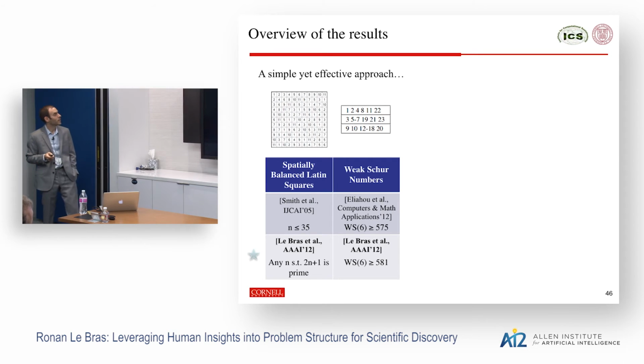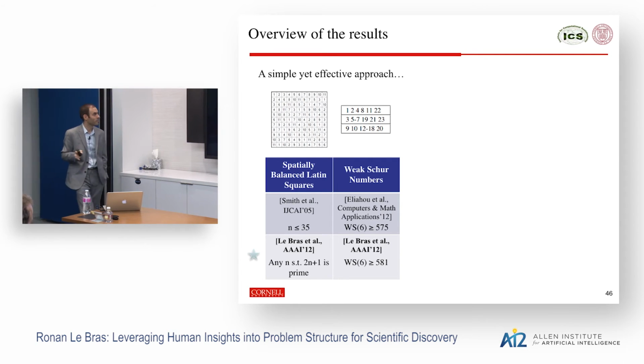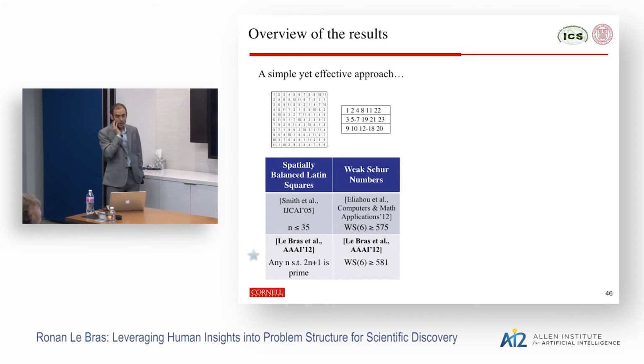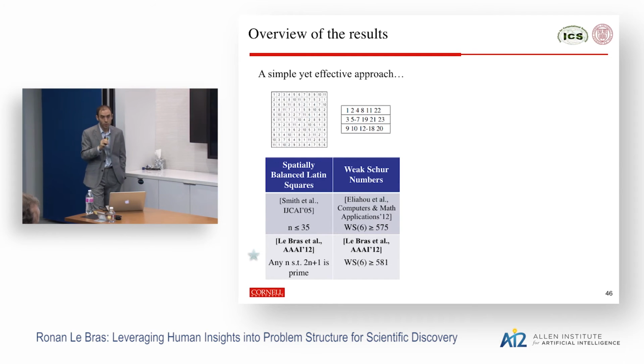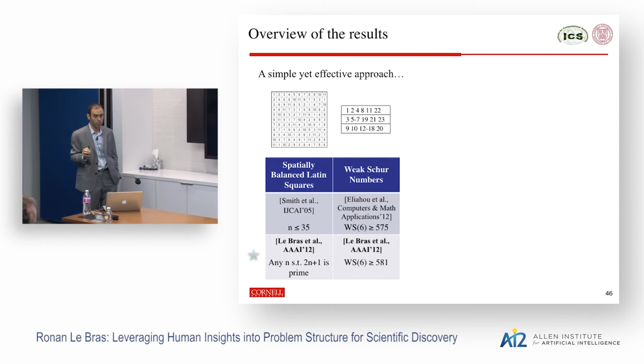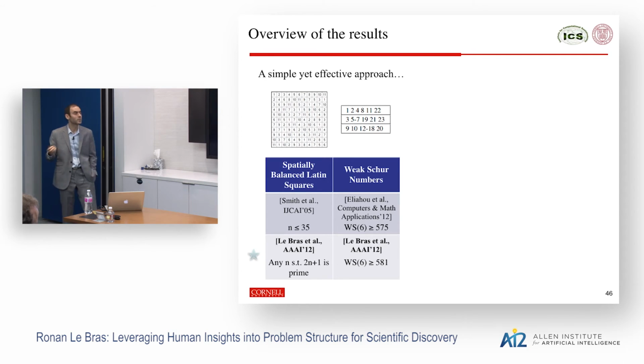So this is a quite simple yet effective approach. As a matter of fact, we've been able to implement a dozen problems like this, all using the same framework and the same interface. And so this is true for specially balanced Latin squares. We have Van der Waerden numbers, diagonally ordered magic squares, Costas arrays, graceful double wheel graphs, and so on.